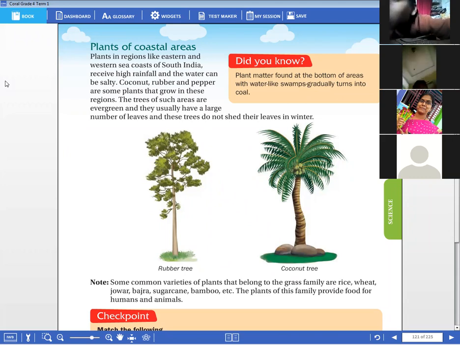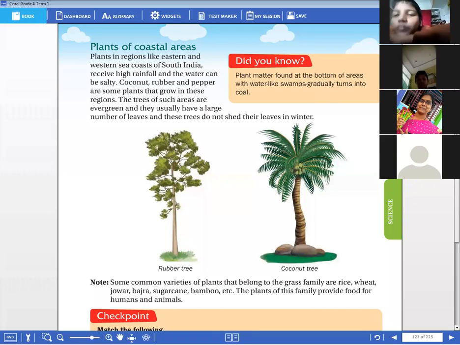Okay, rubber trees means children will extract the rubber from that tree, from the trunk. The thicker stem is actually called the trunk. They'll make a small hole in the trunk and they will keep one container down to collect all the liquid which flows from the tree.